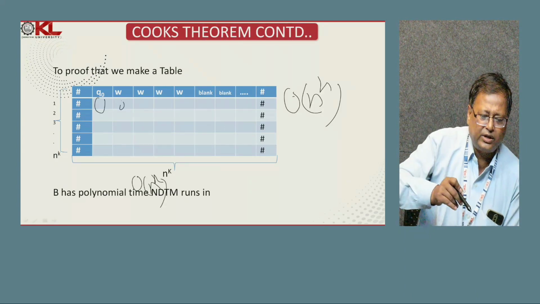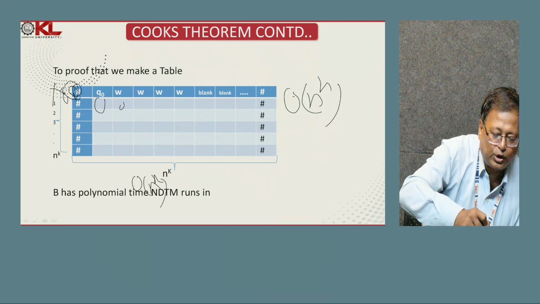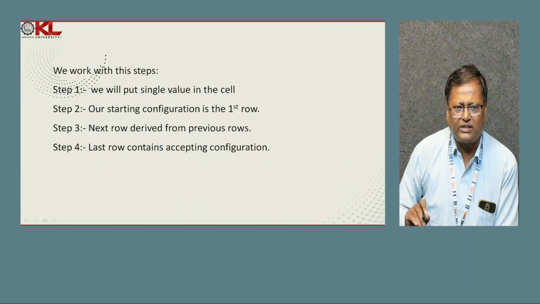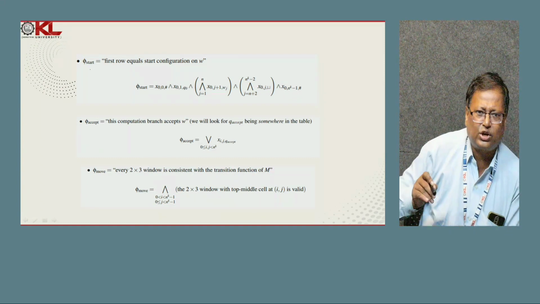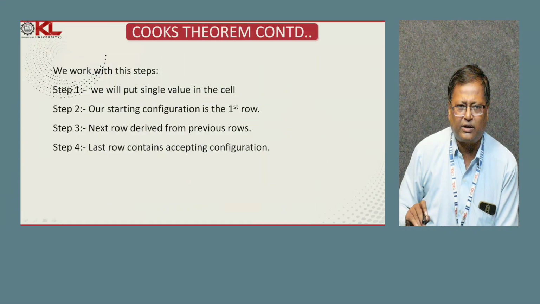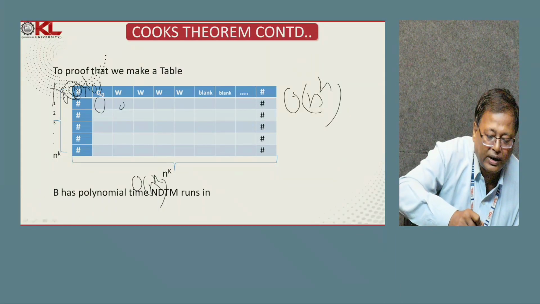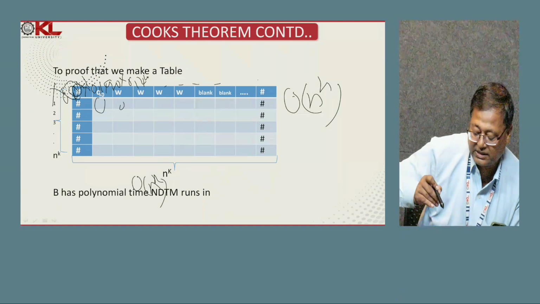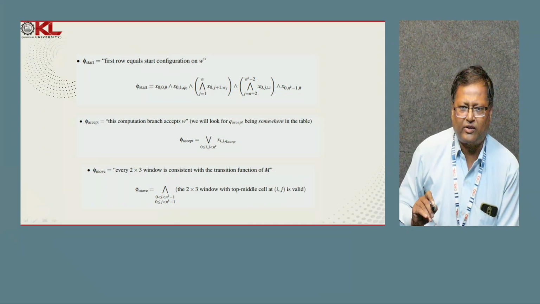Next, here we can write x, the position, suppose 0 0, and the symbol is hash, and finally we make the start row like that: x00 hash, then next is x01 q0, and x02 w, up to x n to the power k minus 1 and hash.